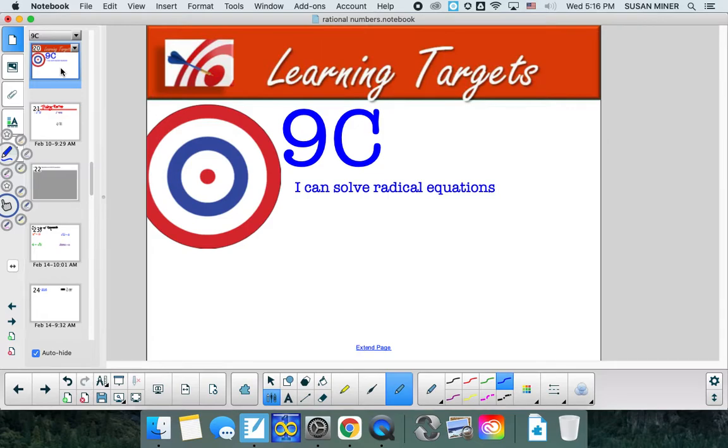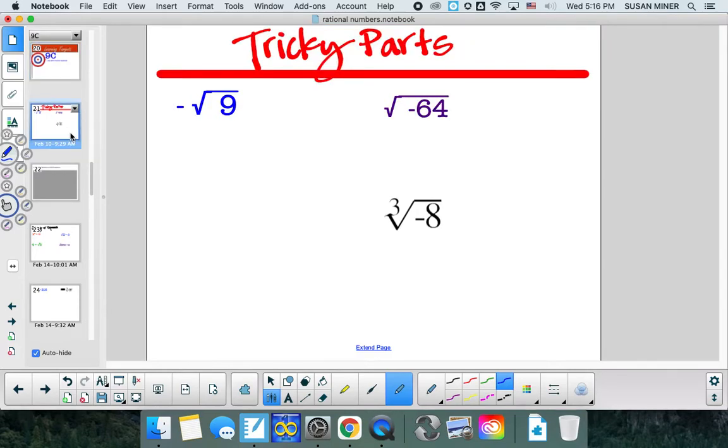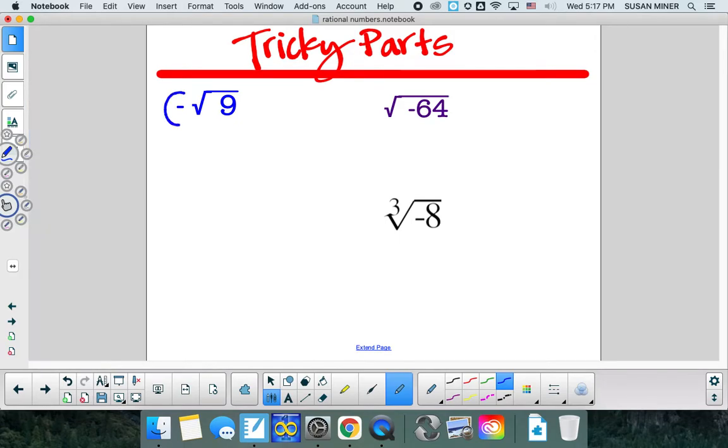I can solve radical equations. I can solve equations that have radicals in them. So there's a couple of little tricky things that are going to happen sometimes once we start working with equations. One of the things that we want to check or look for is what happens when I start getting negative signs. If I have a negative on the outside of my square root, that's okay. That works.